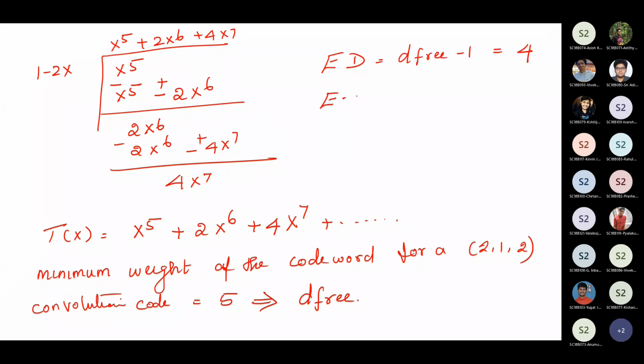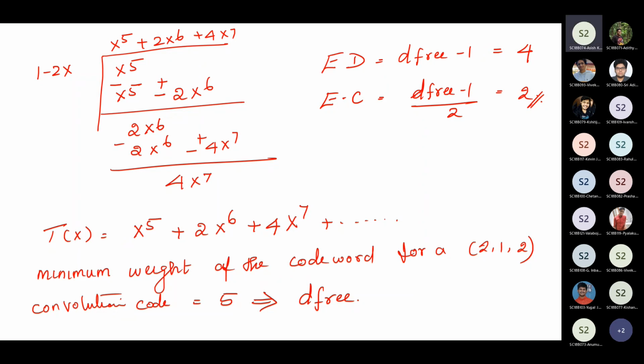Error correction capability is 4 by 2, which is 2. In this way we find the error correction and detection capability of your convolutional code. Is this clear?